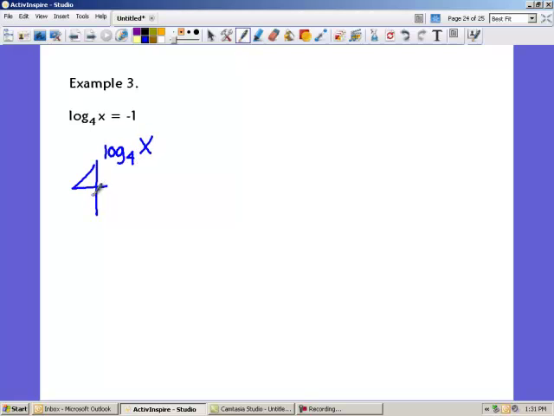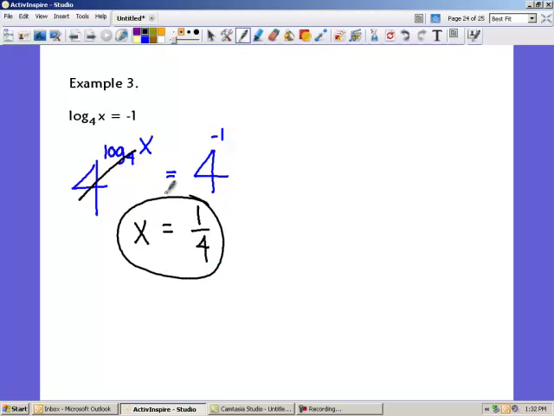So the base raised to log 4 will cancel, but remember you have to do the 4 raised to negative 1 on the other side. So when you do this, this cancels and the x is left. Now, 4 raised to negative 1 is just a fraction flipped. So here is your answer.